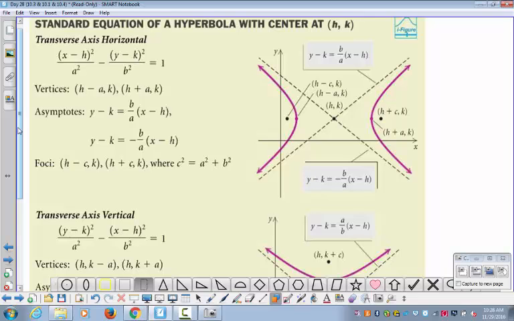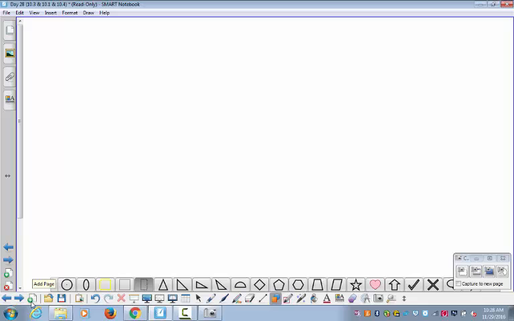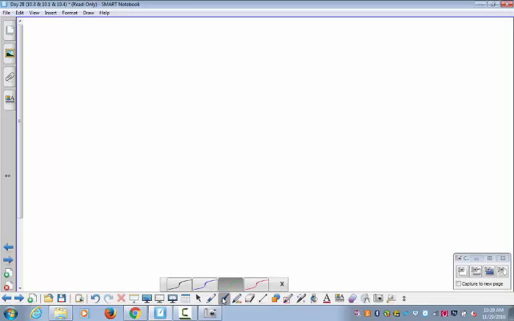And you can remember that by looking at the most basic type of hyperbola. It would just be something like x squared minus y squared equals 1, or y squared minus x squared equals 1.